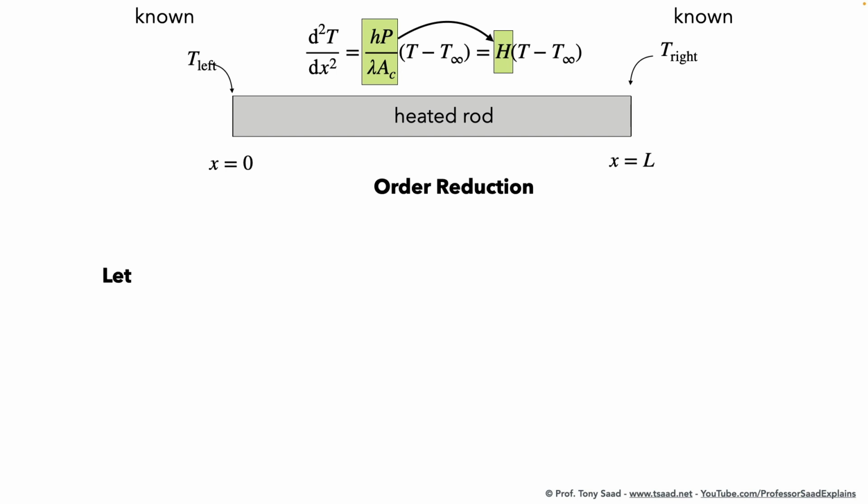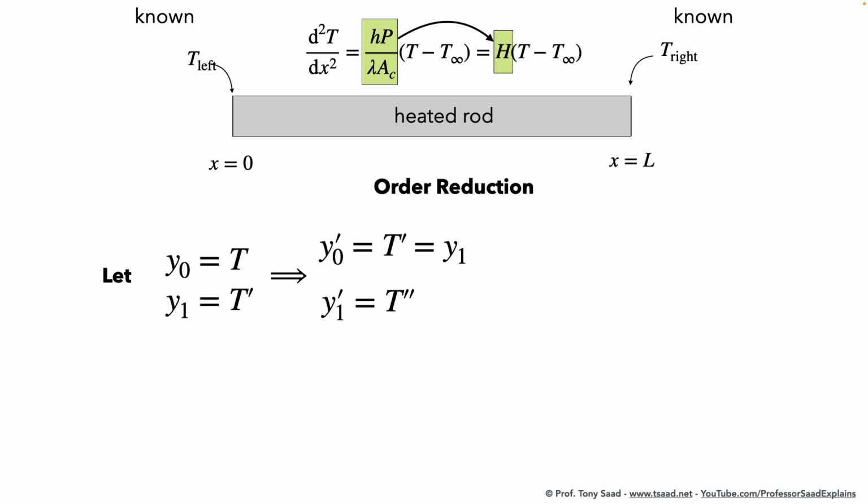Like we did, I'm going to call T as Y0, and T prime I'm going to call Y1. Just the standard way of order reduction from now on. You take the derivatives of those, you get Y0 prime is T prime, which is really Y1. So that gives you your first reduced ODE, first order.